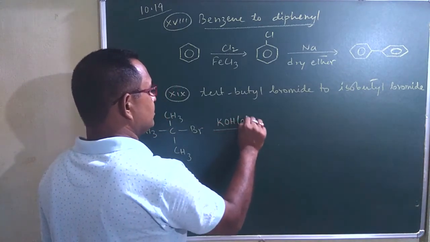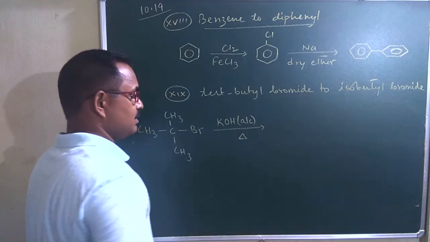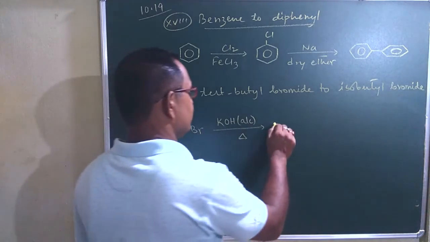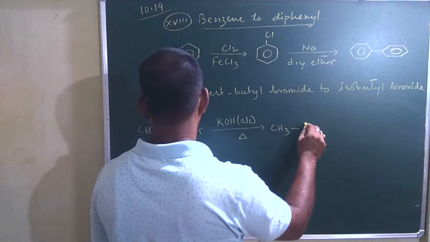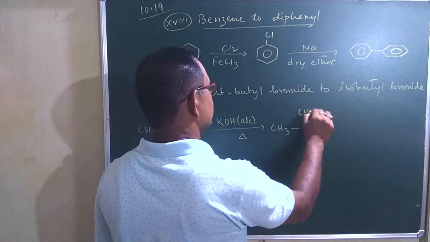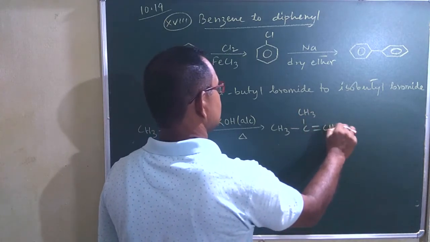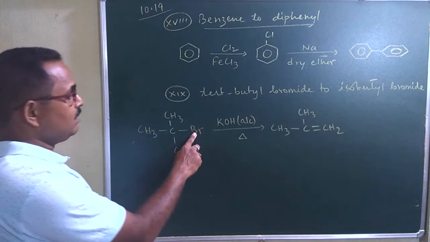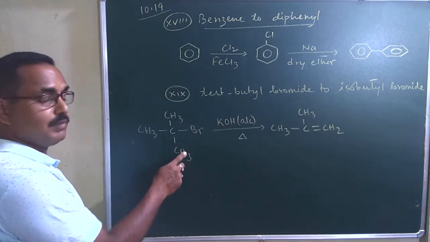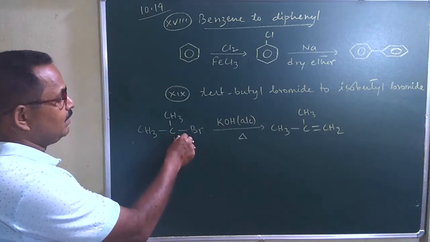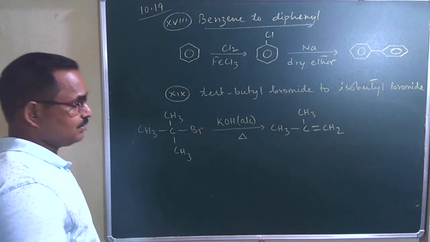Carry out dehydrohalogenation reaction. What will you get? You will get this compound, because this bromine and a hydrogen from this carbon will be lost. There will be a double bond between these two carbons.